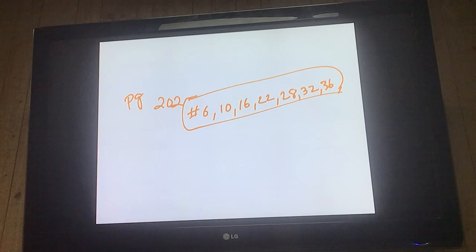So 6, 10, 16, 22, 28, 32, 36, and 44. Okay? So 6, 10, 16, 22, 28, 32, 36, and 44 on page 202.